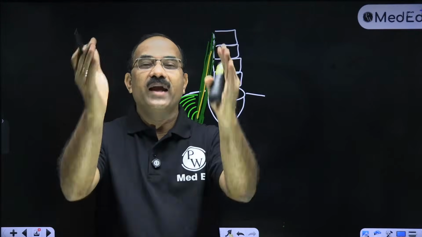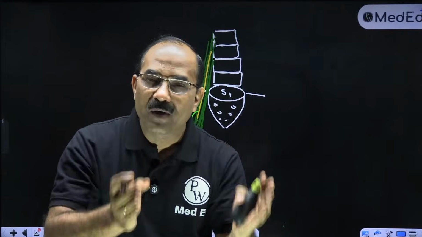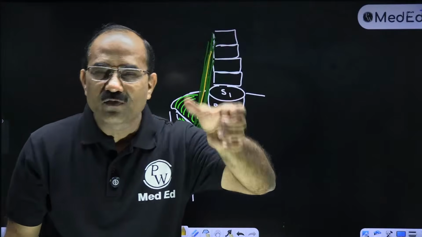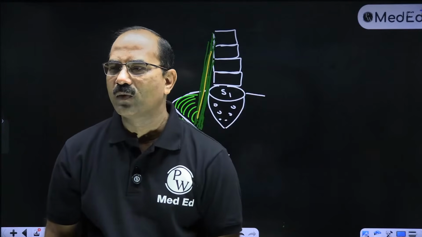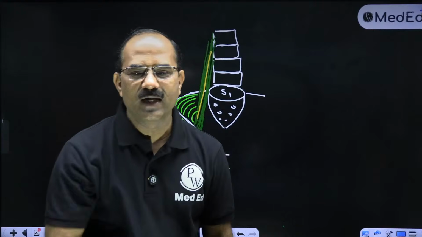The femoral branch enters the lateral compartment of femoral sheath along with the femoral artery. So along with the femoral artery in the femoral sheath there is a nerve, that's the femoral branch of genitofemoral nerve. And the genital branch is in the spermatic cord or the round ligament. Fine, that's the genitofemoral nerve.